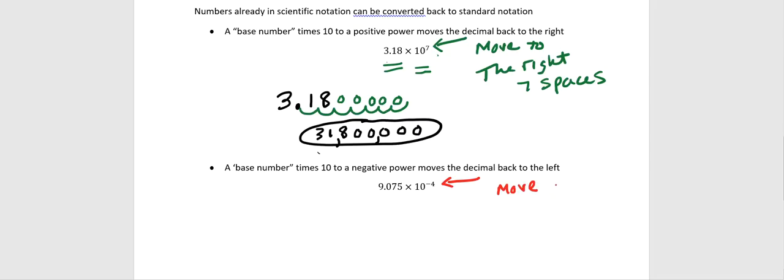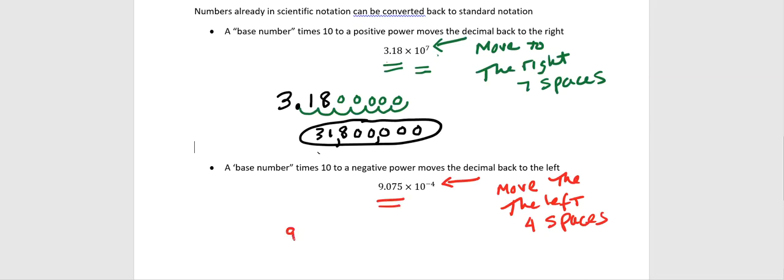So move to the left, in this case 4 spaces, because it is a negative 4. So this is going to become a smaller number, whereas up above the positive exponent became a really big number. So I have 9.075.